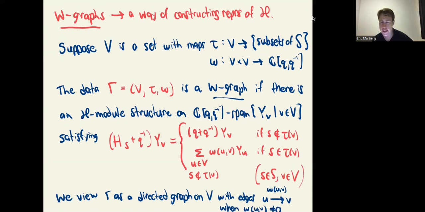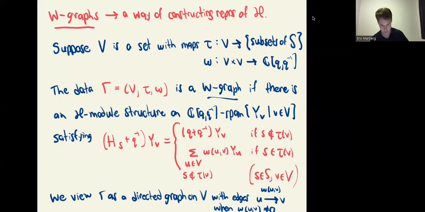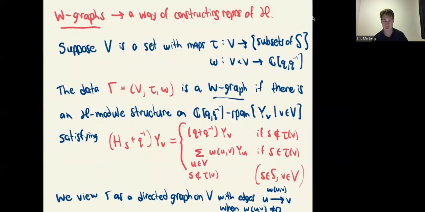So just drawing that labeled directed graph almost encodes everything you need to know about gamma. We also need to know the values of tau at each vertex, which would not be included in this directed graph, but most of the important features are just determined by this graph structure. So this is our definition of a W-graph. Now let me give you the motivating example that makes this a natural thing to consider.